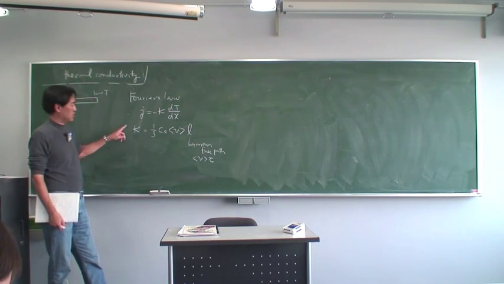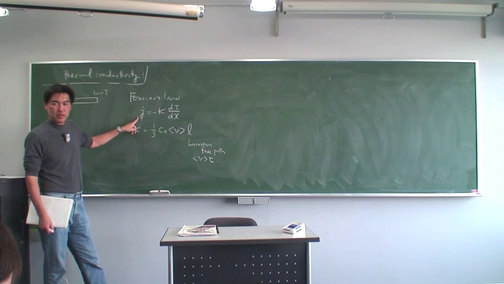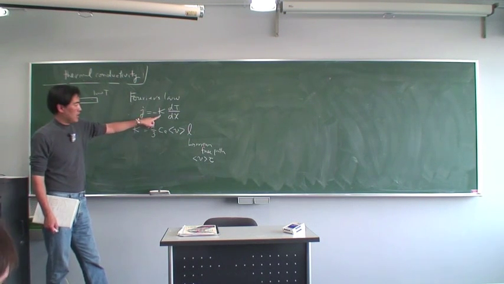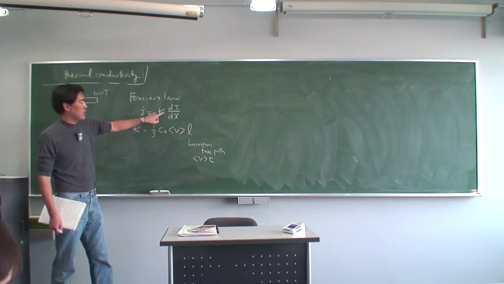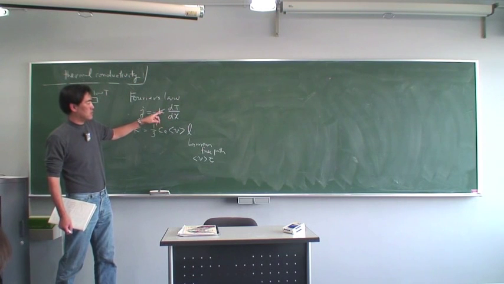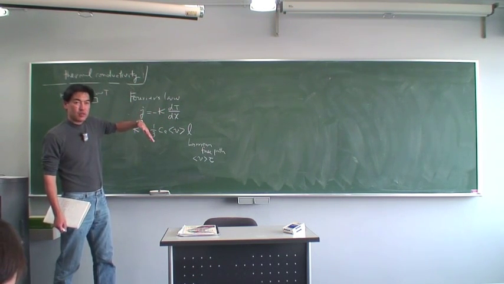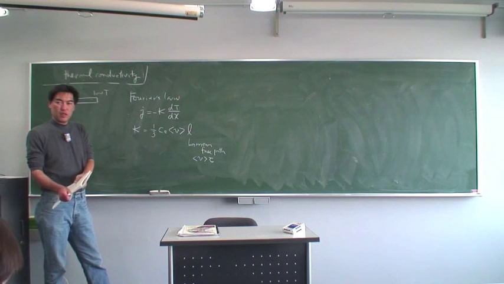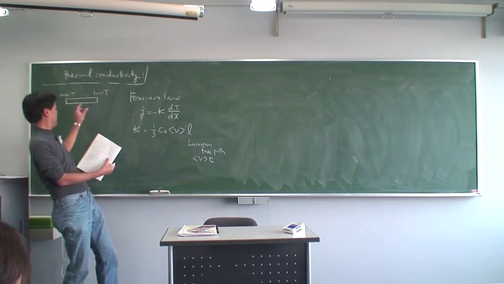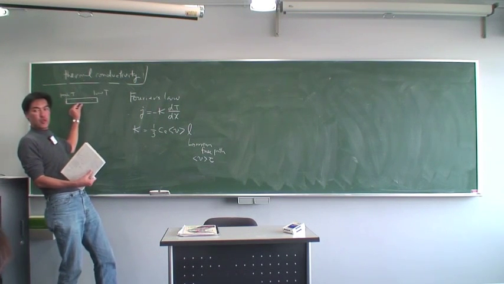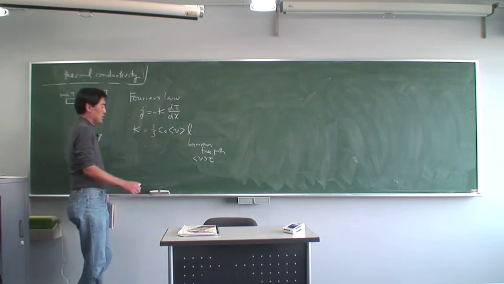This J, of course, is the thermal current, and kappa is a proportionality constant, and dT/dx is the temperature gradient, how temperature changes as a function of unit length, for example.